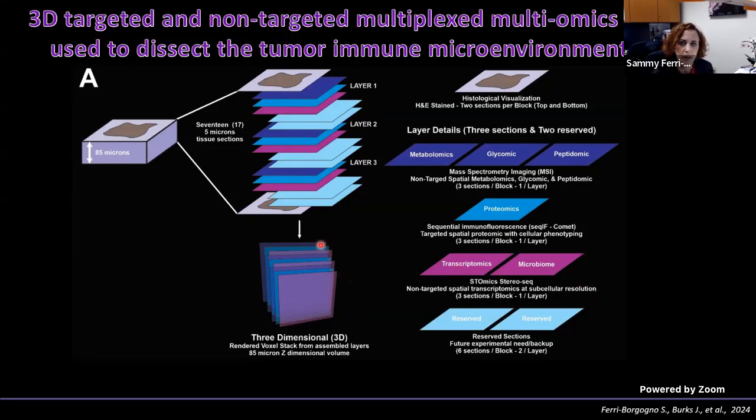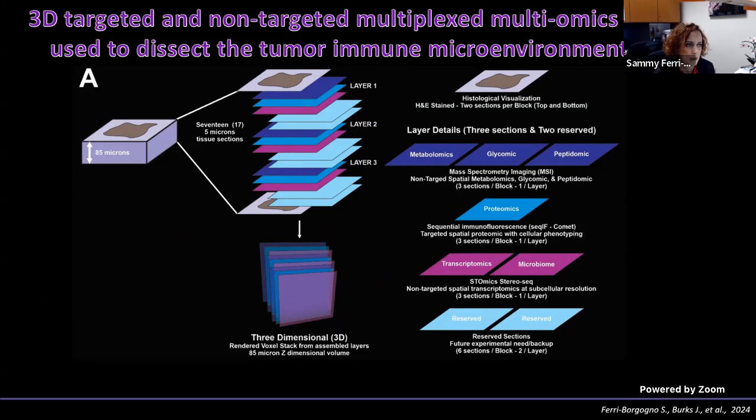Then we combined this information together, and we basically created 3-dimensional stacks, and we analyzed these sections as a 3D voxel. When you analyze images in 2D, you consider a pixel. In this case, we built it up in 3D, so we called it a voxel.